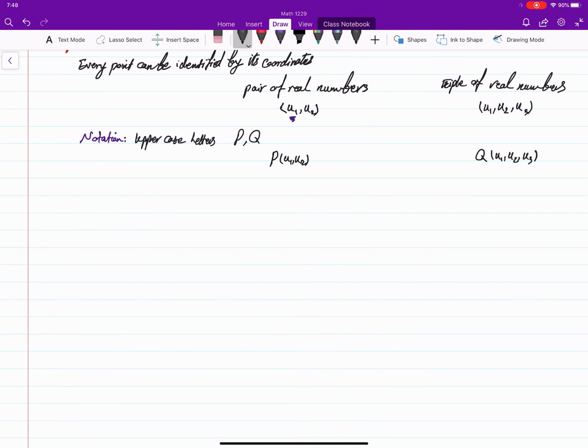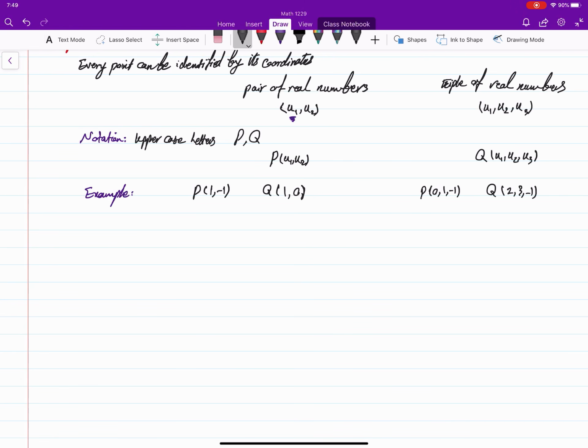Examples of points, for example, P can be, say, (1, -1). It means the point (1, -1), we are going to denote it by P. Q can be, say, (1, 0) in R2. For R3, let's just say (0, 1, -1) and (2, 3, -1), something like that.